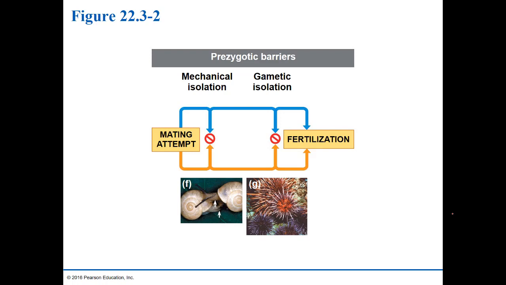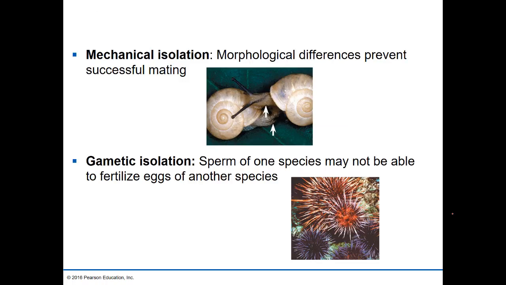So mechanical isolation, mating was attempted, but couldn't go through with the act. Gametic isolation, mating occurred, but nothing was fertilized. So these are still prezygotic barriers because no zygote. Zygote being when an egg and a sperm fuse together, they produce a zygote, right? If the zygote's not made, then it's a prezygotic barrier.